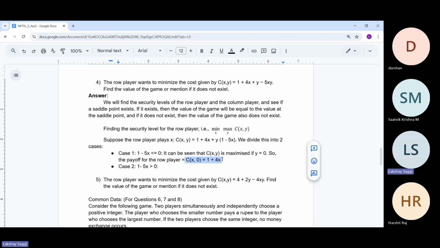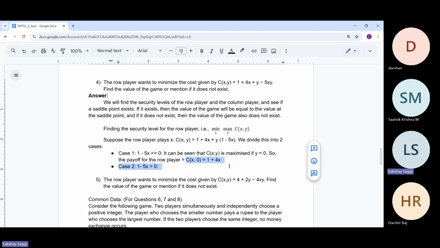And now, what does the row player want? The row player wants to minimize this quantity over all x, right? But we have another constraint that 1 minus 5x should be less than or equal to 0.